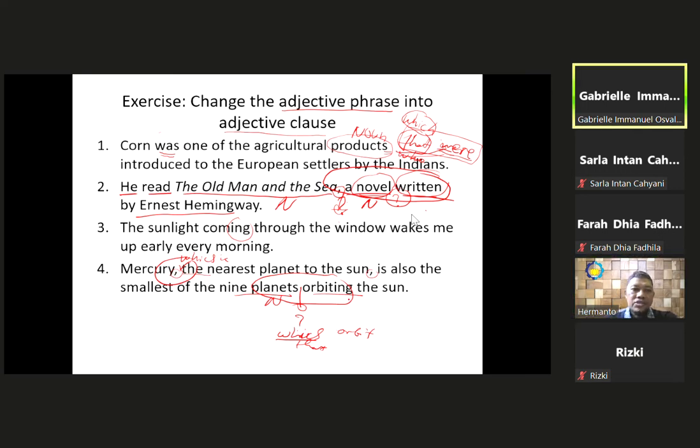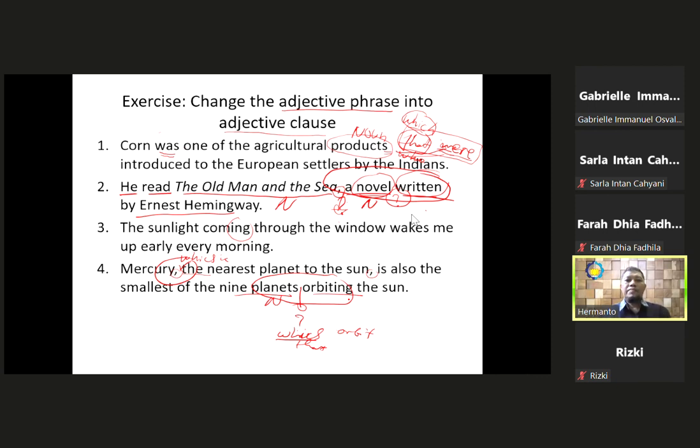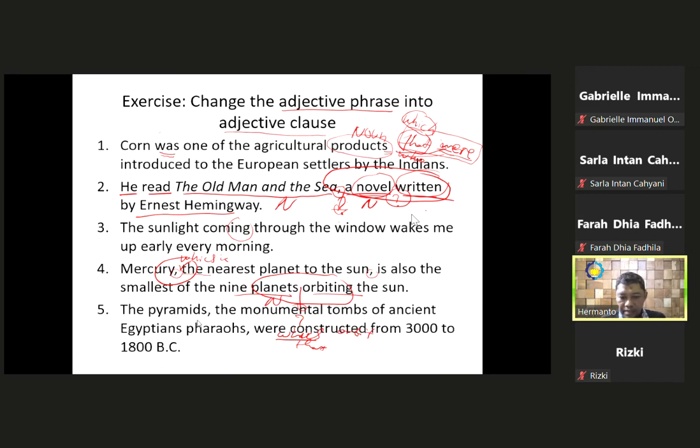Structurally, yes, which are orbiting. But because it is general truth, it's better which orbit. Structurally, which are orbiting, yes. But I think it's better which orbit instead of which are orbiting. Okay, thank you, Gabriel.